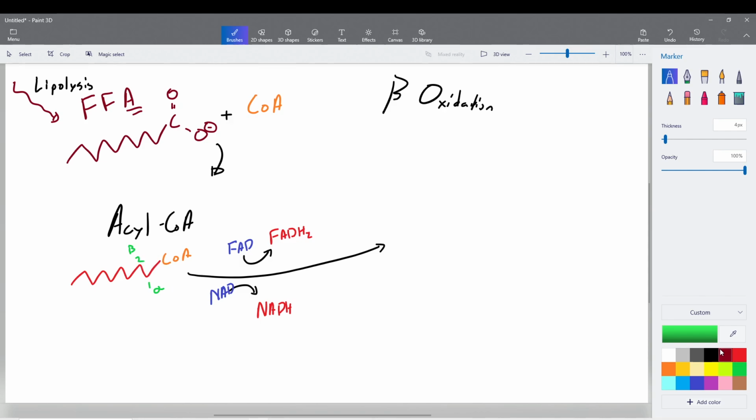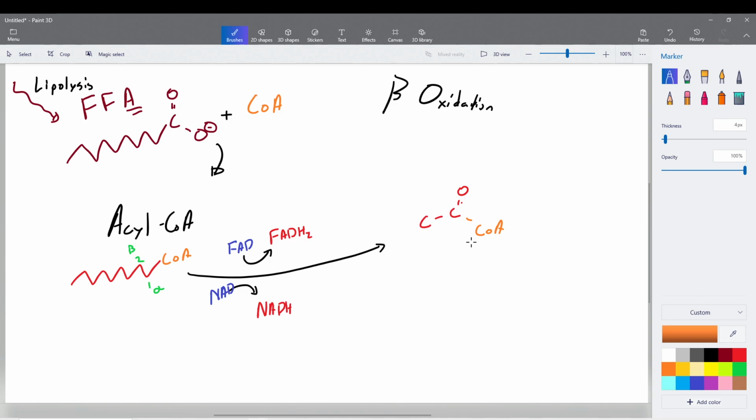The effect is that 2 carbons fall off, and these 2 carbons bind with our molecule of CoA. There's an oxygen here, and then there's that CoA molecule. This 2-carbon chain gets cleaved and falls off.